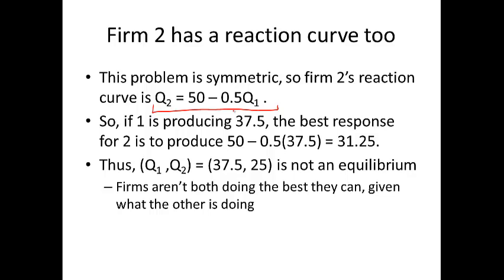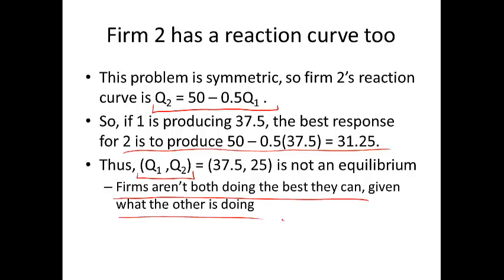So let's ask the question, if 1 is producing 37.5, what's the best response for 2? And the answer is the best response for 2 is to produce 31.25. Now that means that this combination Q1, Q2 of 37.5 and 25 that we conjectured on the last slide is not an equilibrium because the firms aren't both doing the best they can given what the other is doing.